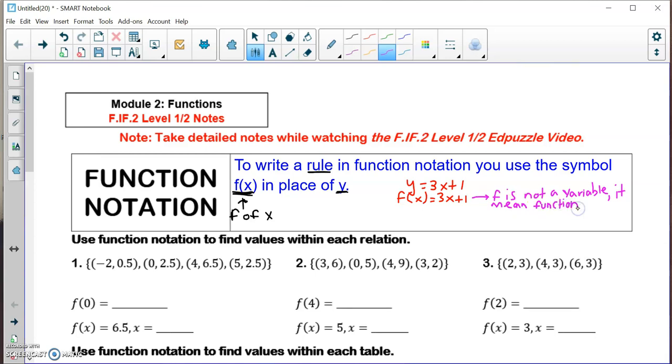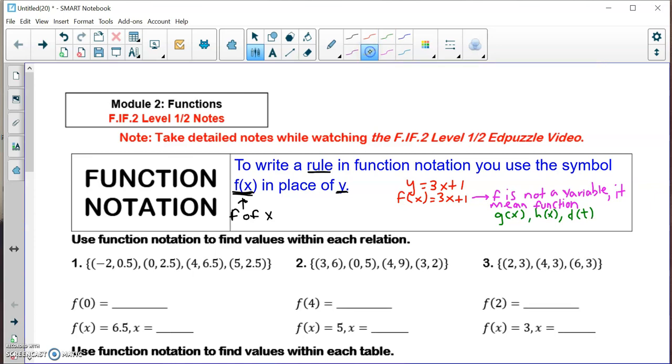Now, sometimes you might not see it as f of x. Sometimes you might see it as g of x, or h of x, or maybe we're not even using x. Maybe we're using d of t. Distance and time. So f of x is not always just going to be f of x, so keep that in mind as we're going throughout.